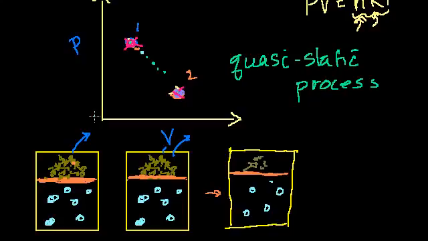Because our macro states, our macro variables like pressure, volume, and temperature, are only defined when we're in equilibrium. So if I do this process super slowly in super small increments, it allows me to keep my pressure, volume, and temperature macro states at any point in time. So I could actually plot a path to say, how did I get from state 1 to state 2 on this PV diagram?